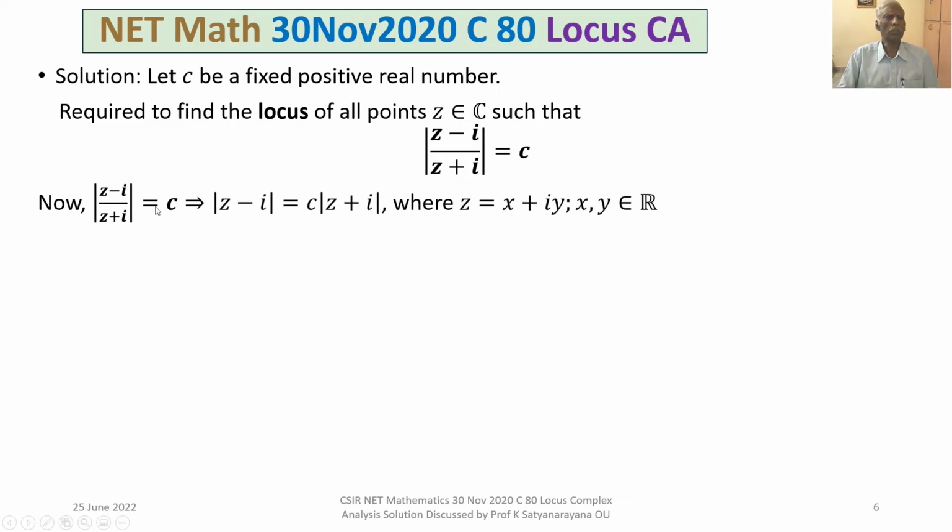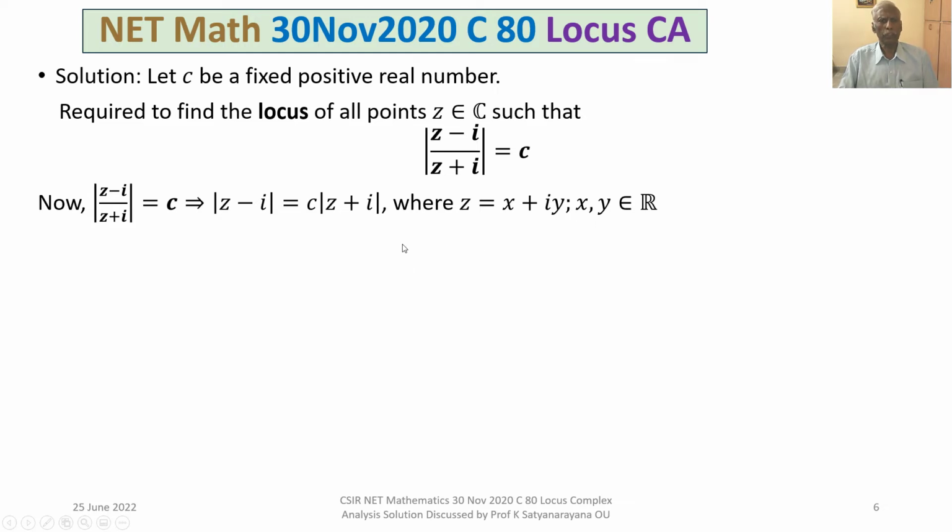Now, this implies modulus of Z minus i is equal to C times modulus of Z plus i, where Z is a complex number x plus iy, where x and y are real numbers.